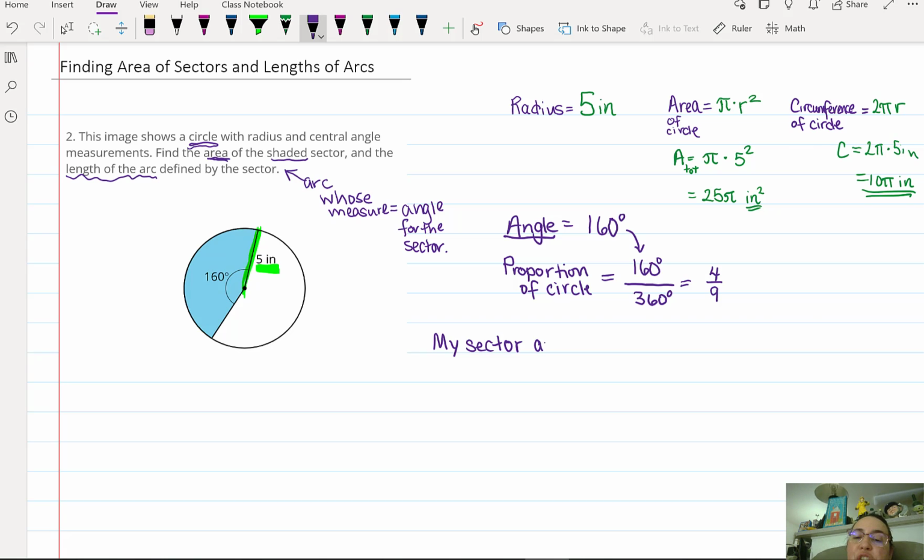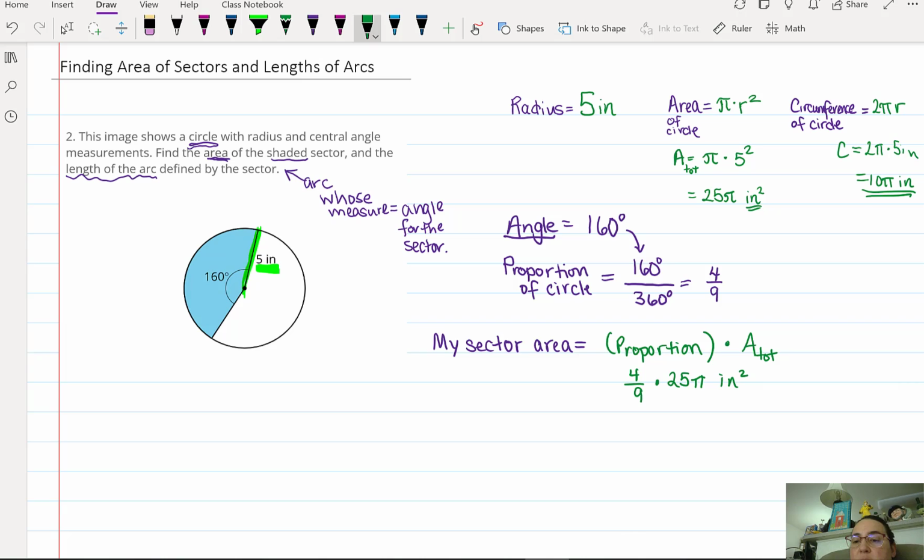So to finish this question, my sector area should be my proportion times my total circle area. So in this case, 4/9 times my 25 pi inches squared.